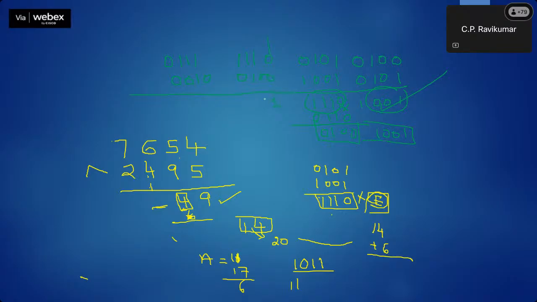Now when you add, you get 1011, which is not a valid BCD. So we have to add 6. That will result in a 0, 1 here and a carry here.